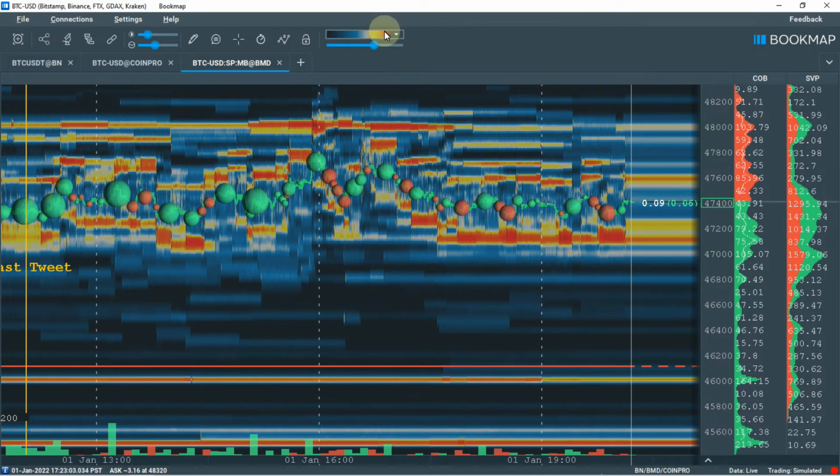Those are really large orders. So back here, you can see that underneath the price line, you have these buy walls supporting that price line. And these buy walls, and a lot of them are called spoofing buy walls. They're fake.